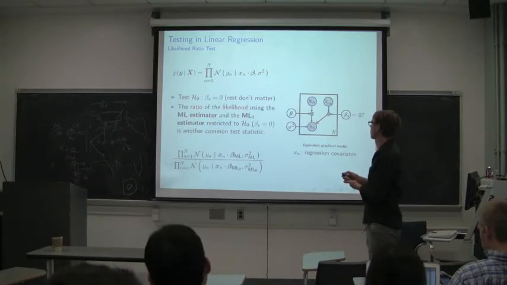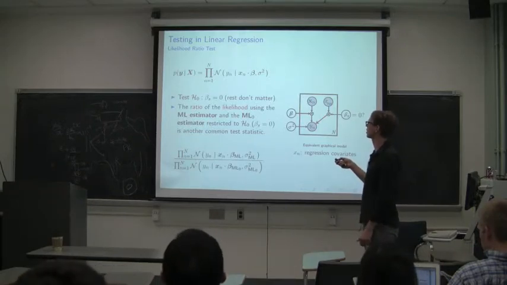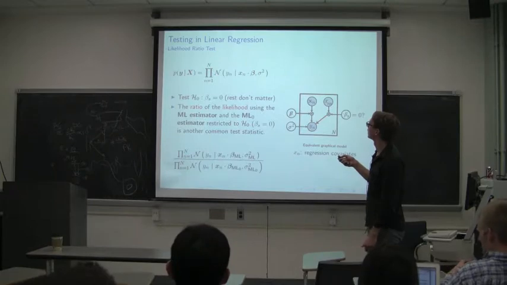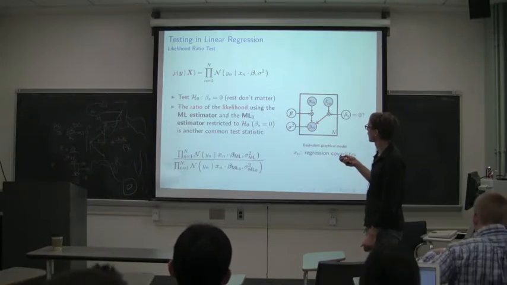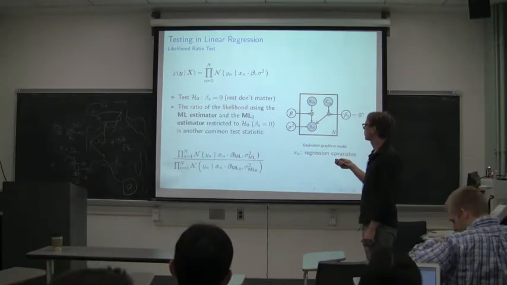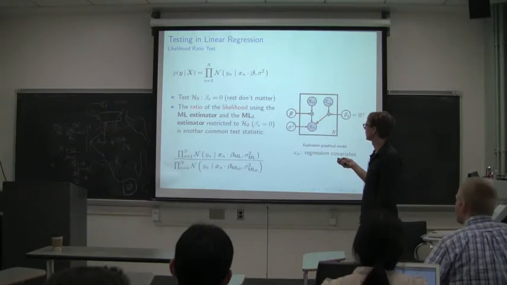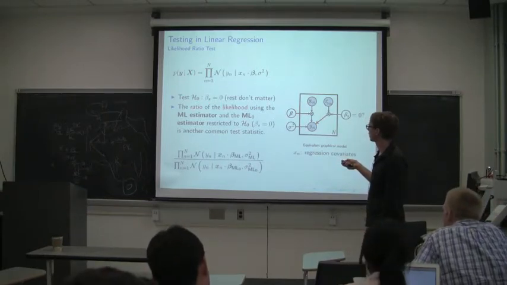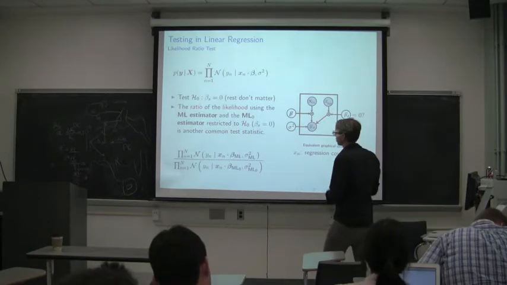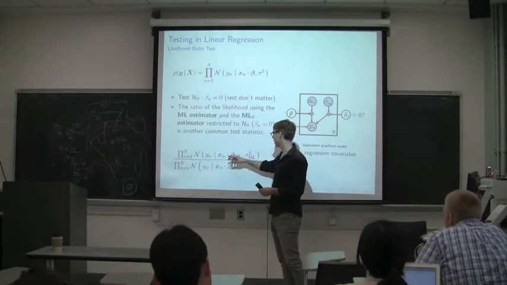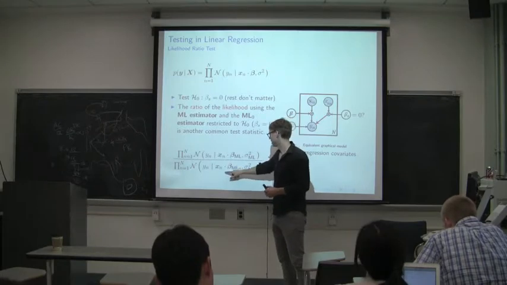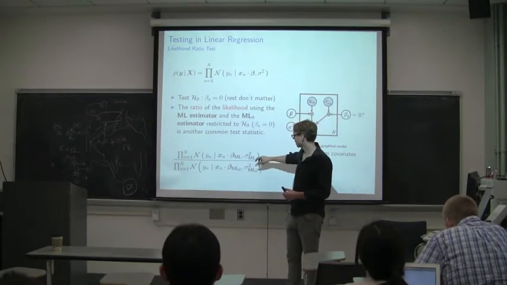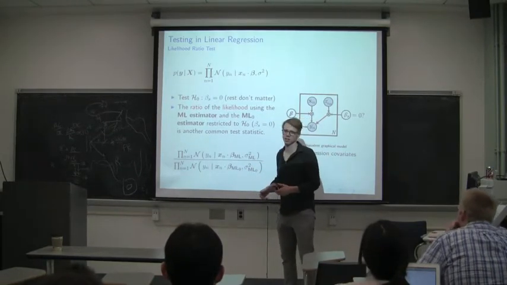Another test that you will observe is the so-called likelihood ratio test. So basically, if you now write down your null model and your alternative model, then you can compute the likelihoods under the null model and under the alternative model and compute the ratio of the two.